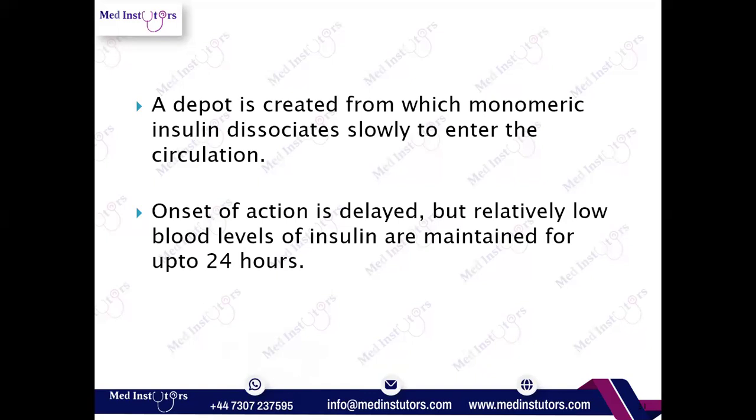So the release of insulin from this subcutaneous depot is very slow, which means it can act for a long period of time. That's why it is called long-acting insulin. It can act almost up to 24 hours.